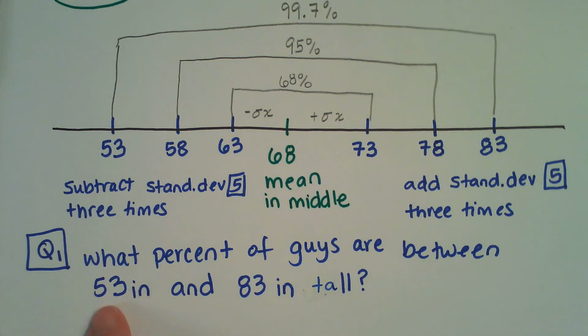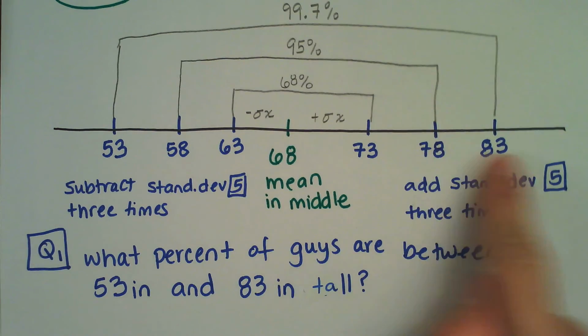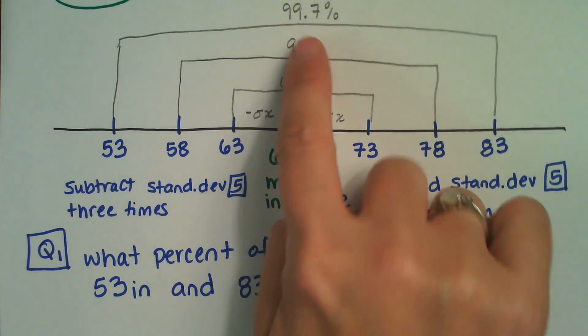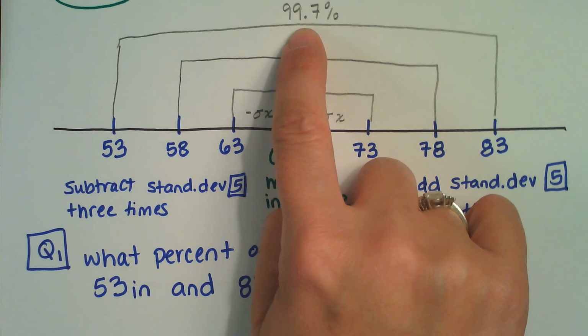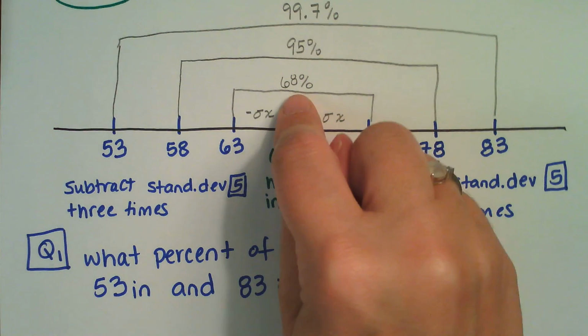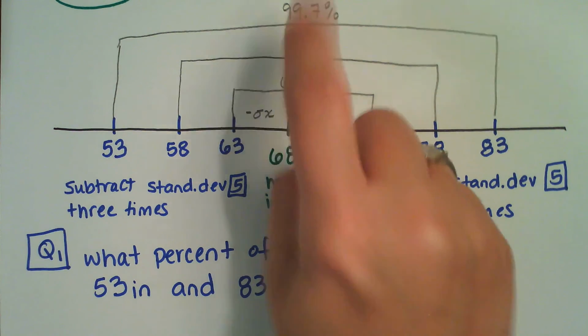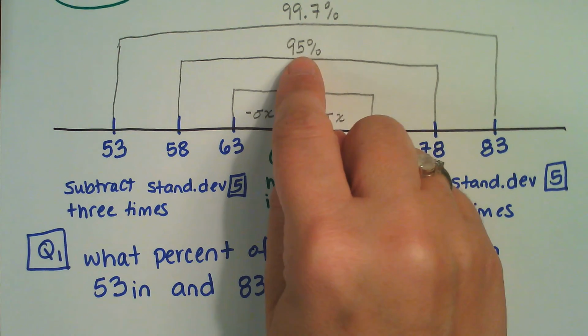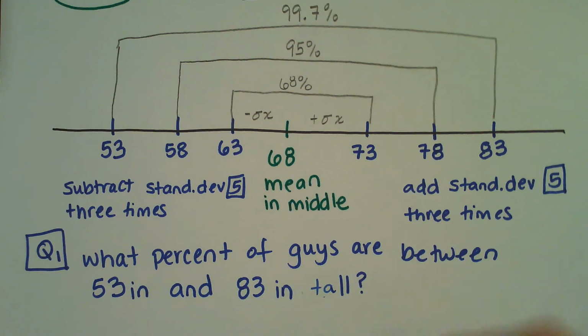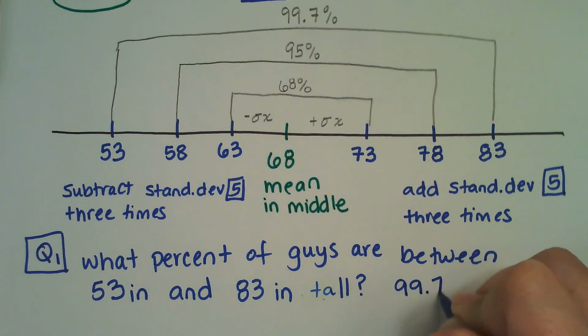Well, since they're talking about 53 to 83, that's three standard deviations away in each direction. So that's going to be 99.7%. The percentages you can answer in this section are only 99.7, 95, or 68. So I would answer this question as 99.7. And you do not have to put the percent sign into Delta Math. You would just put 99.7, enter.